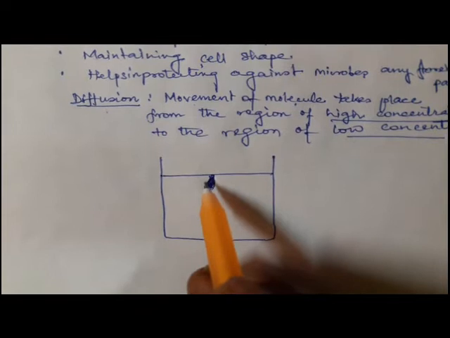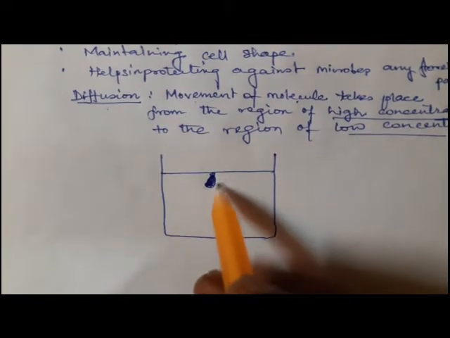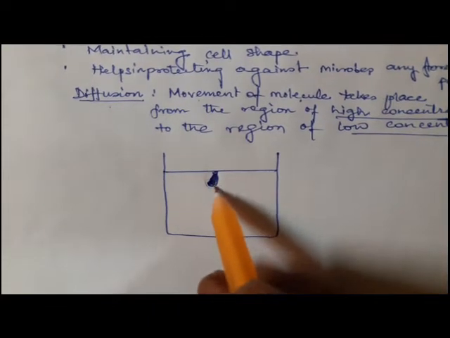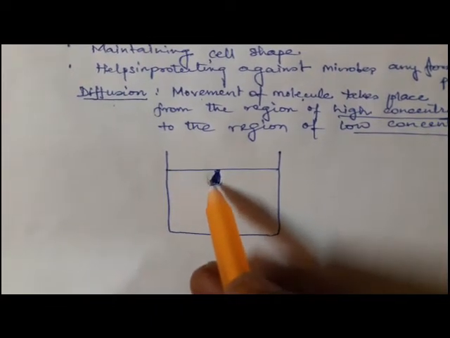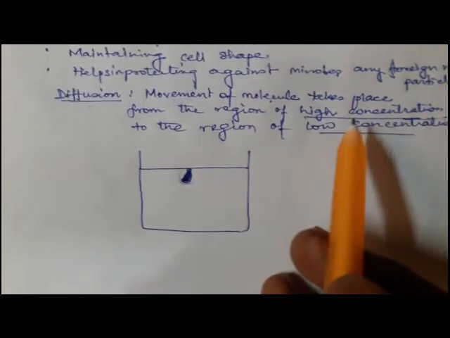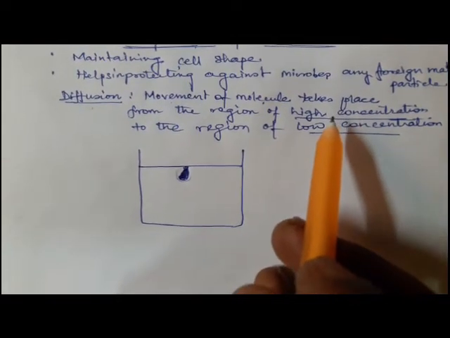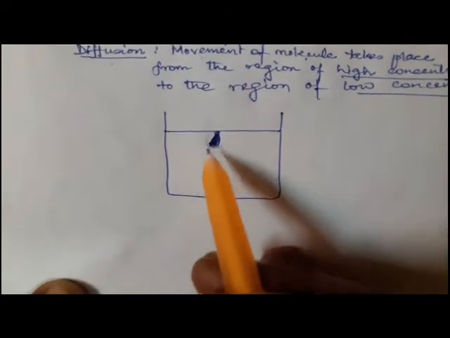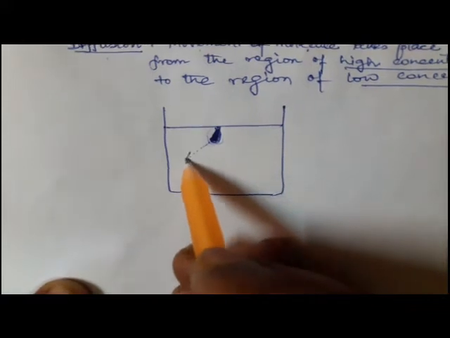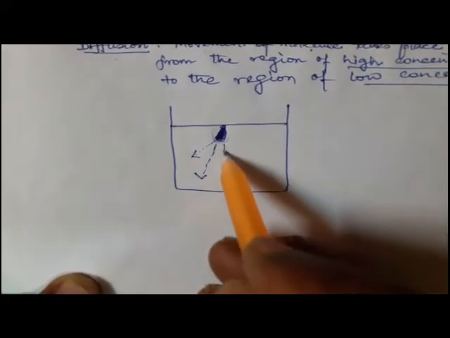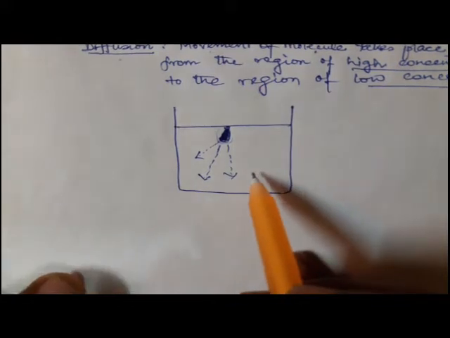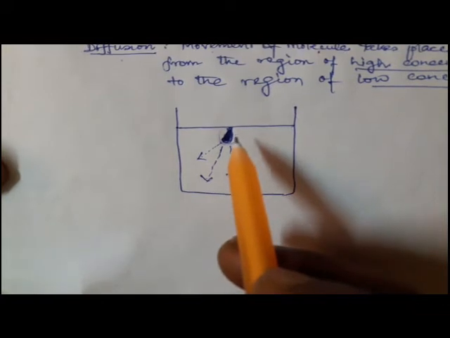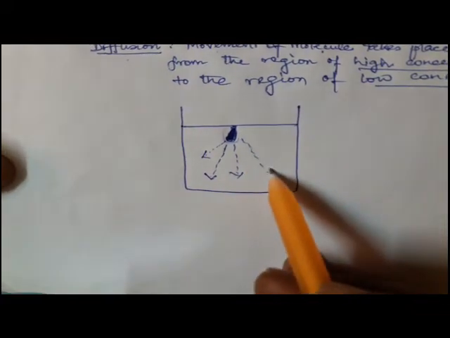Definitely the molecules of ink are highly concentrated at this region, right? And according to the term, movement of molecules from the region of high concentration to low concentration, from this particular region it will start moving towards different regions, right? As we see in the case of a beaker with water, if you put a little bit of ink on it, it will start spreading throughout the water.